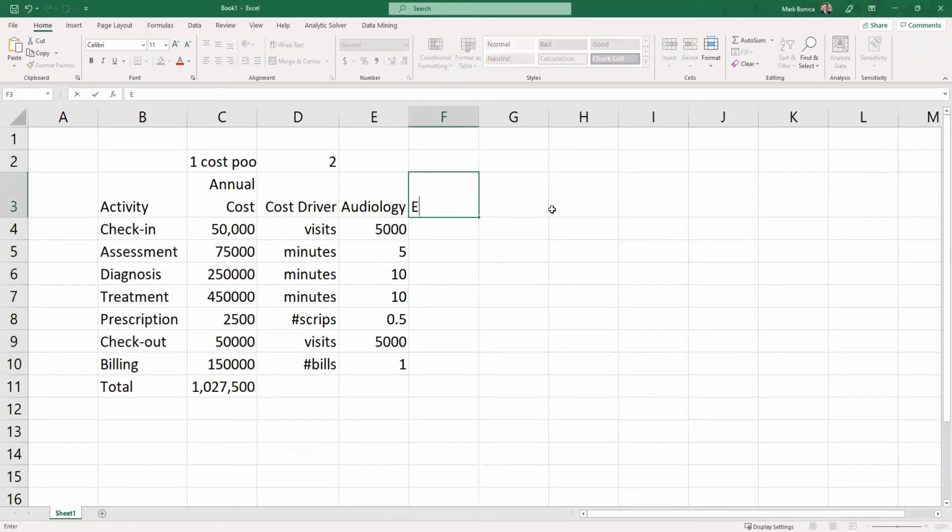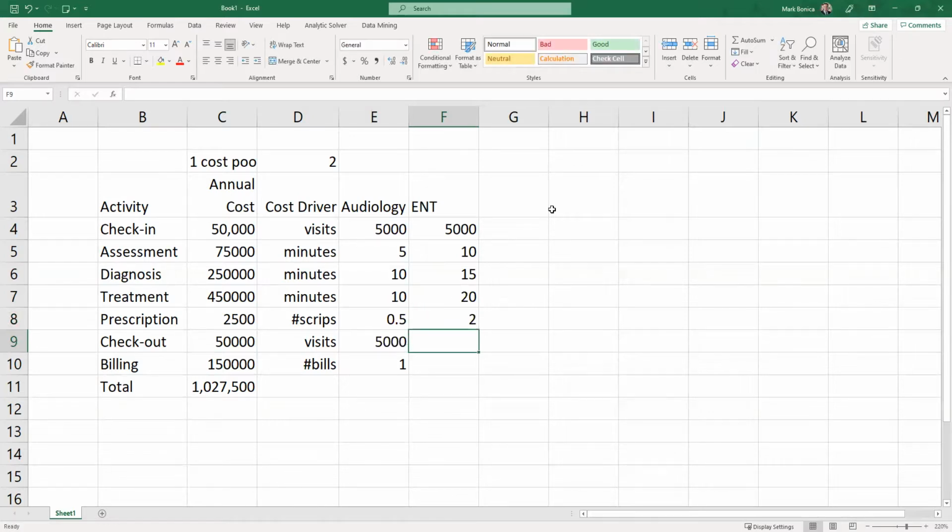With ENT, it's again 5,000 visits, but now you're talking about visiting a surgeon. So the assessment takes longer. It's a little more dangerous. It takes 15 minutes. The diagnosis is probably more severe, so you take 15 minutes. The treatment takes longer, so it's 20 minutes. The average number of prescriptions is 2 as opposed to half.